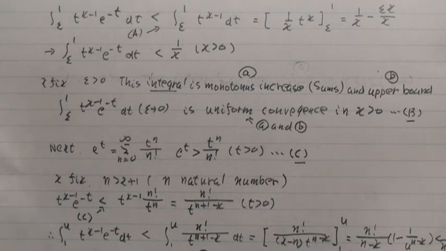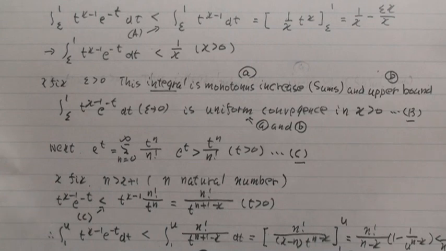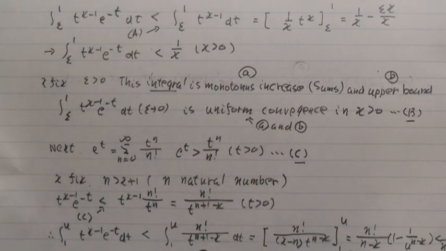For fixed x and positive ε, this integral is monotonically increasing in ε and has an upper bound. Circle A, circle B. The integral from ε to 1 of t^(x−1) e^(−t) dt as ε goes to 0 is uniformly convergent, from A and B, and x is positive. Point B.